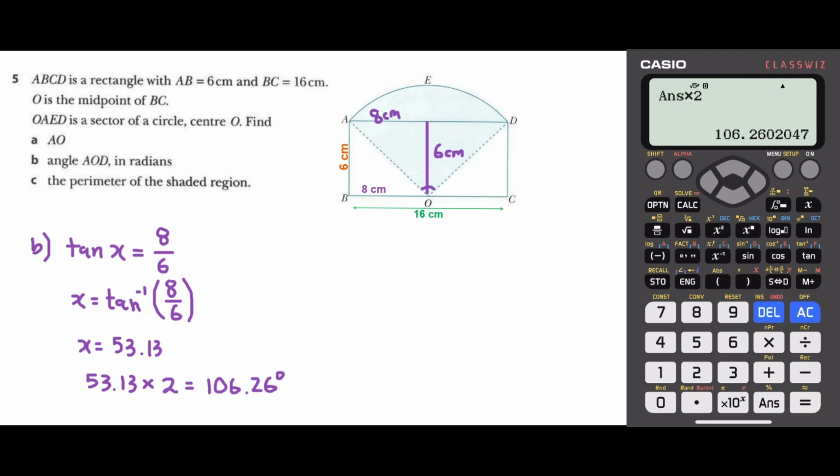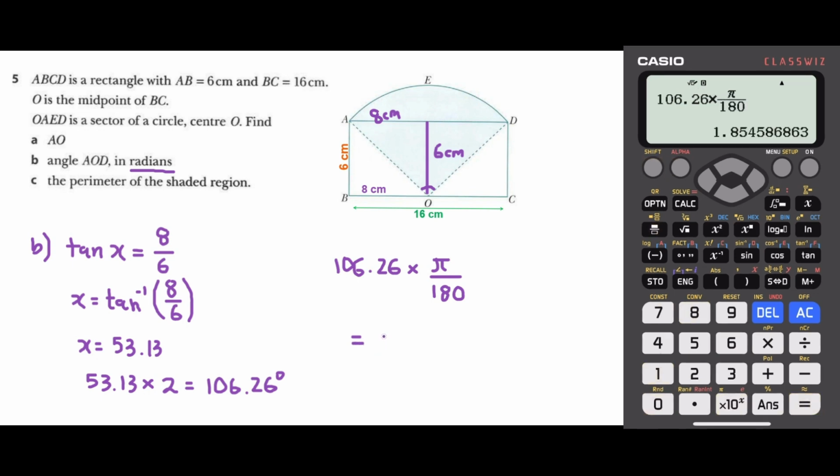But since the question requires us to give the answer for angle AOD in radians, we will multiply this with pi over 180, to change the angle from degrees to radians. The final answer is 1.85 radians.